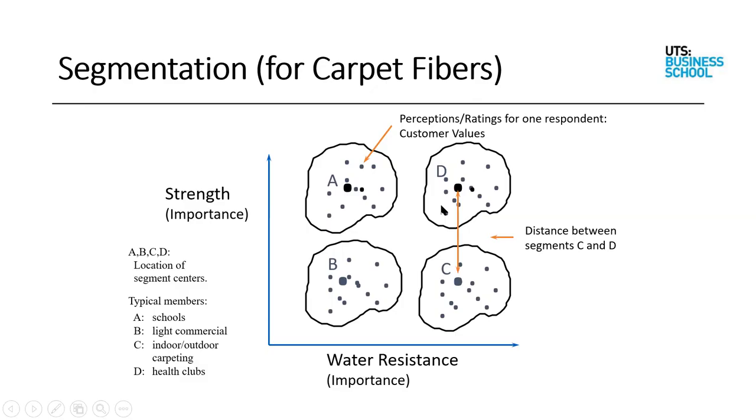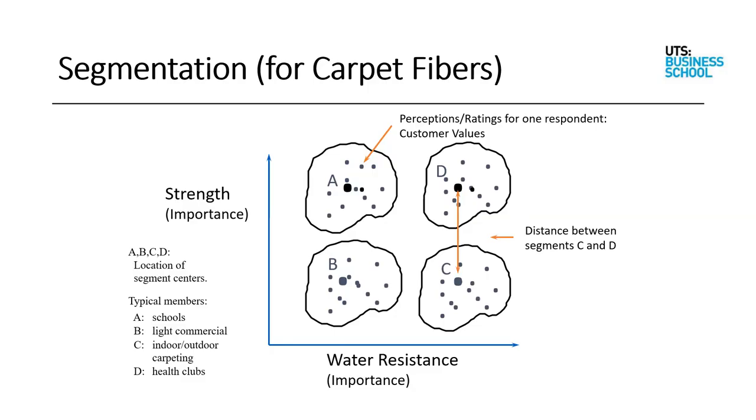And segment D perceives the product to have high strength and high water resistance. And C perceives the carpet fiber to have high water resistance and low strength.